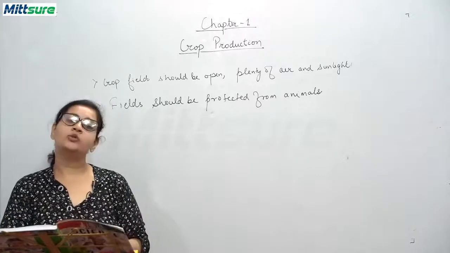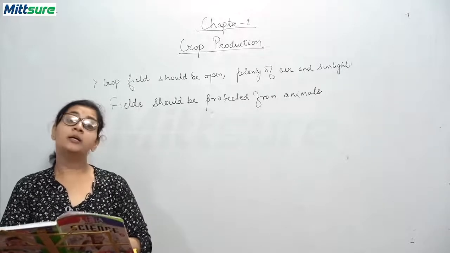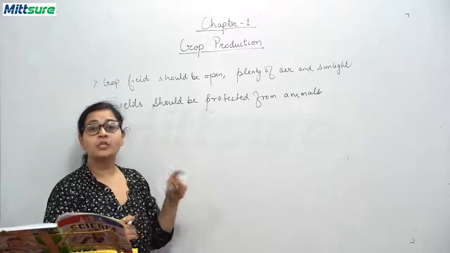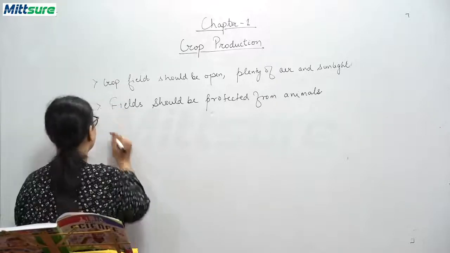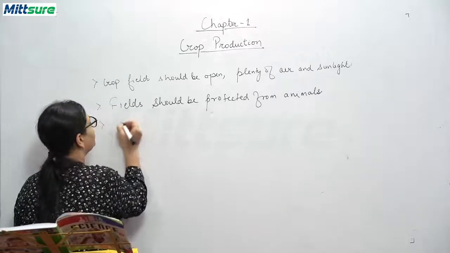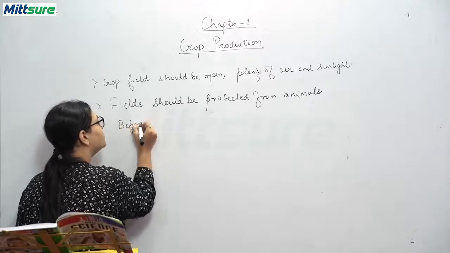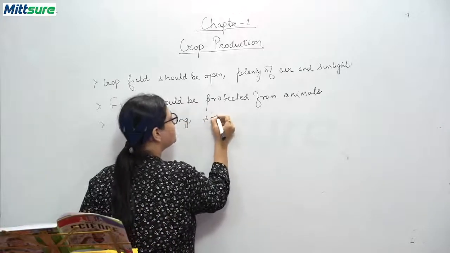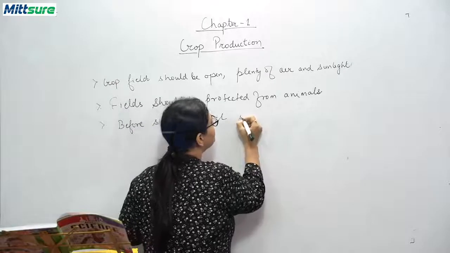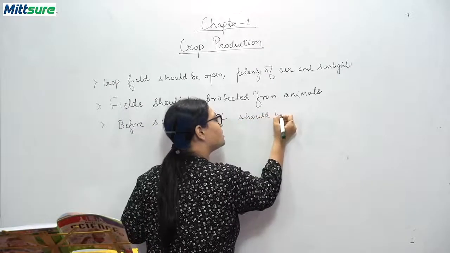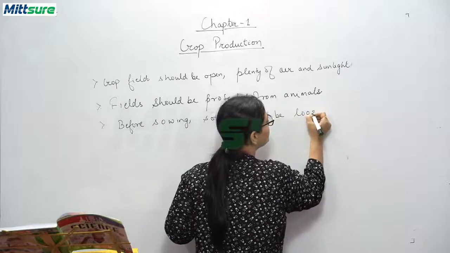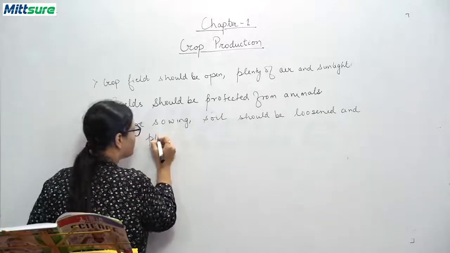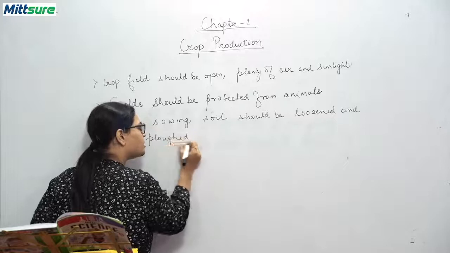Next thing is sowing. What is sowing? When we grow seeds in the soil. Before sowing, the soil should be loosened and plowed. What is plowing?